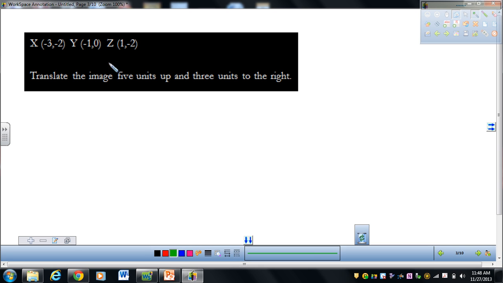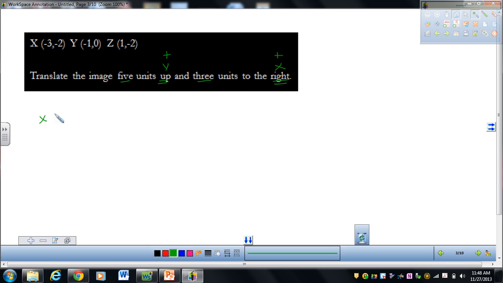Let's do another one. This tells me to do 5 units up. Up is the Y-axis, and it's also positive because we're going up towards the positive numbers. This tells me 3 units to the right. Well, we know that left, right is X. We know that to the right side are positive numbers, so I'm going to be adding there also.